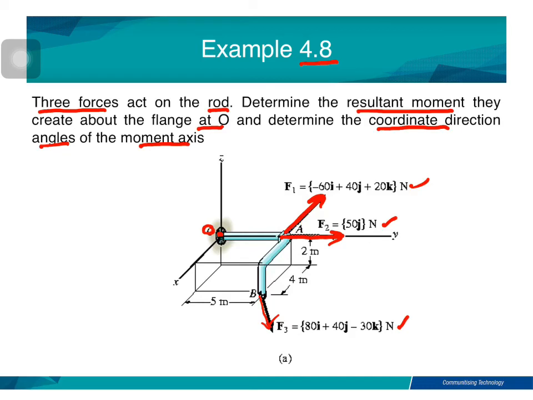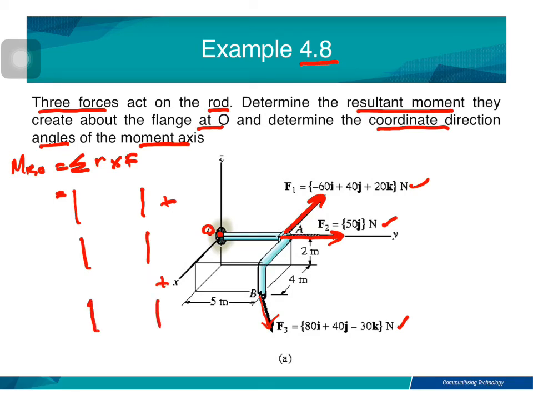So now we need to get what is the R, right? We need to sum. The moment resultant is equal to the summation of R cross F. How many determinants can we have? We're going to have three determinants. This is the first, then plus this is another, and then plus.